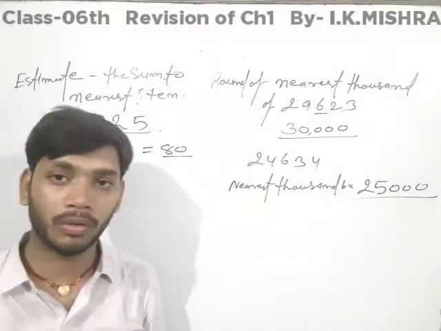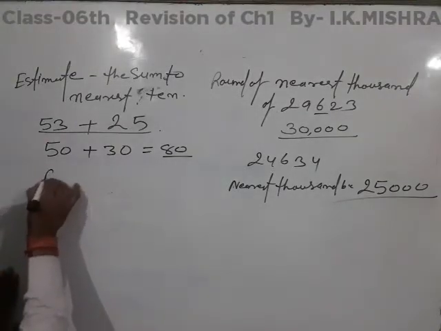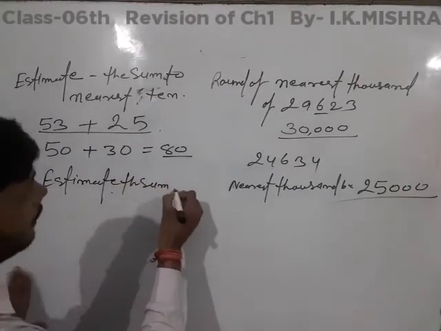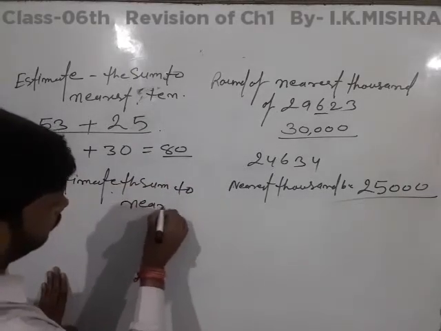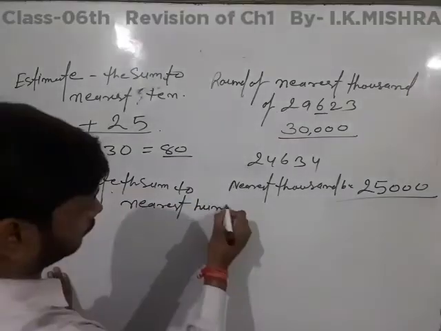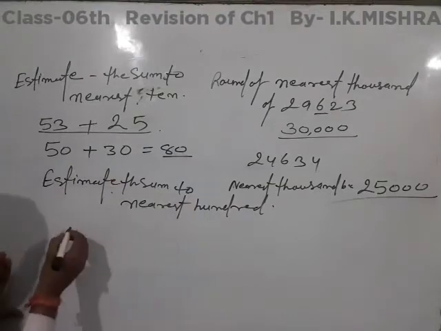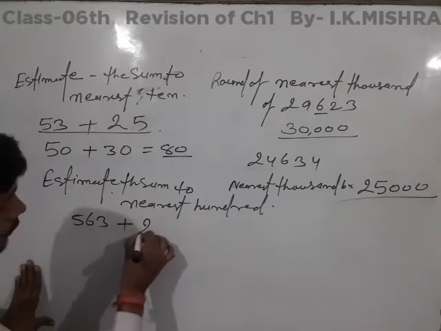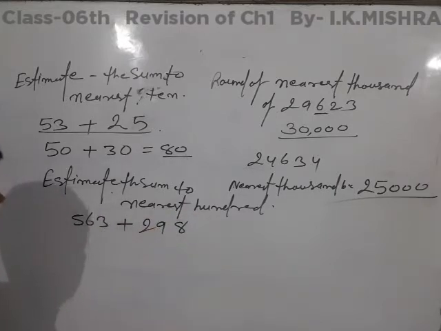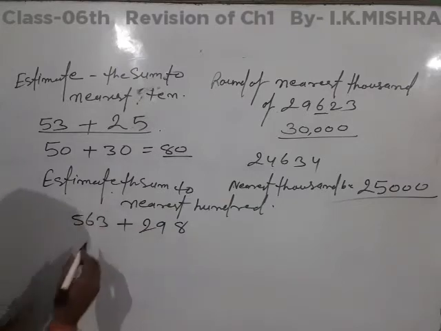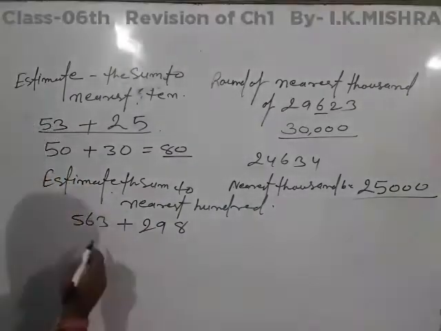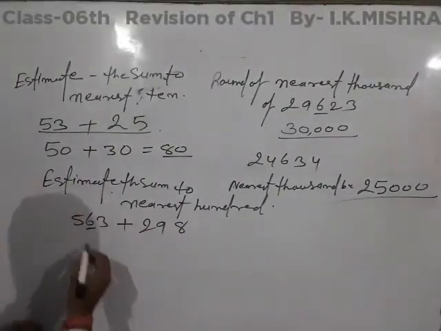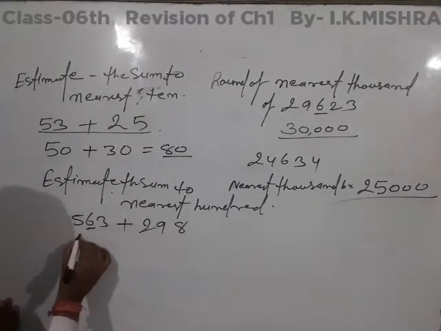Similarly students, when you have to estimate the sum to the nearest 100, suppose the question is this plus that. Students, observe, for rounding to the nearest 100, observe the tens place, and the tens place is 6, that means more than 5, so it will increase by 1, that means 600.